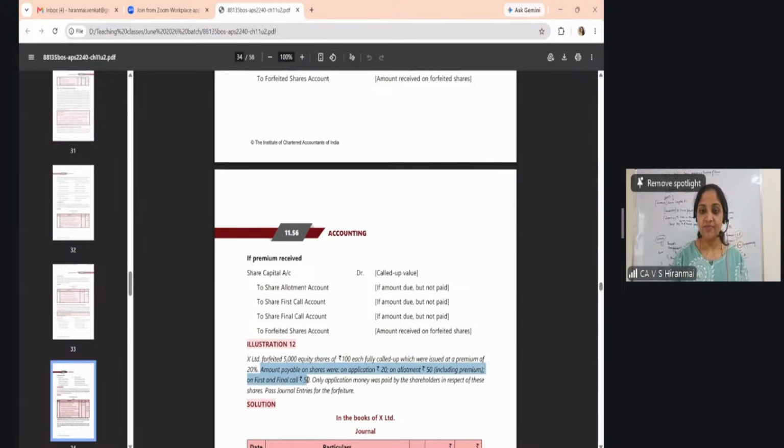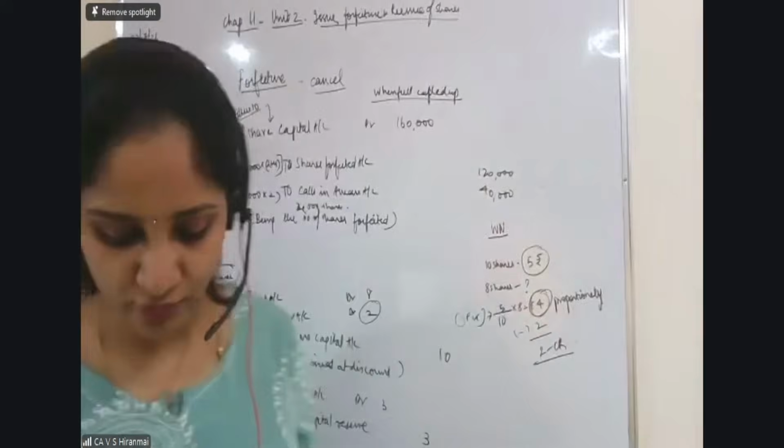Application 20, allotment 50 including the premium, and first and final call is 50. So 20, 50, 50, 120 matches. Only application money was paid. Pass the journal entries for forfeiture.